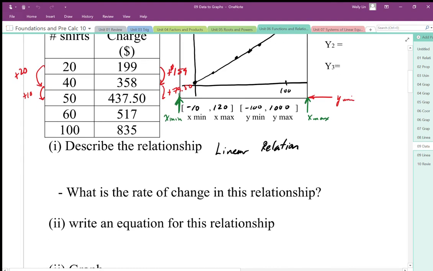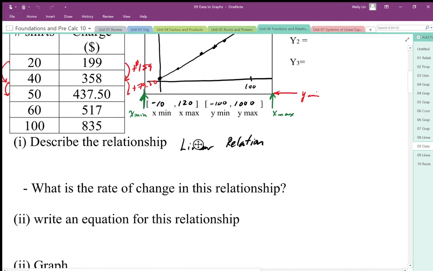So the rate of change is going to be $159 over plus 20 shirts, the change in my dependent compared to my independent.